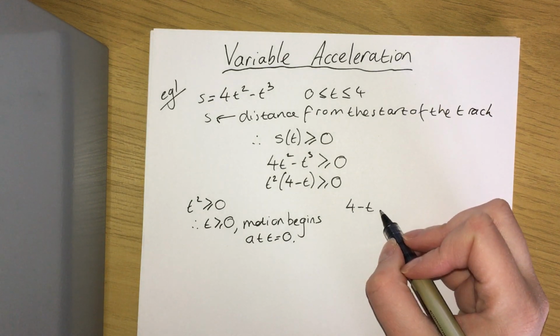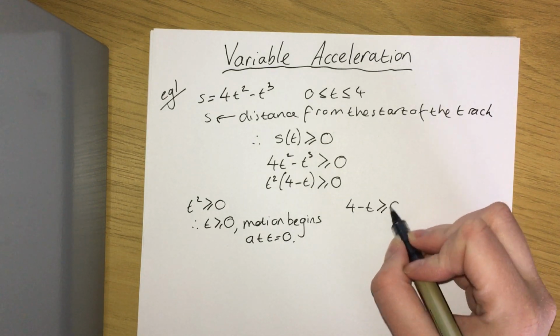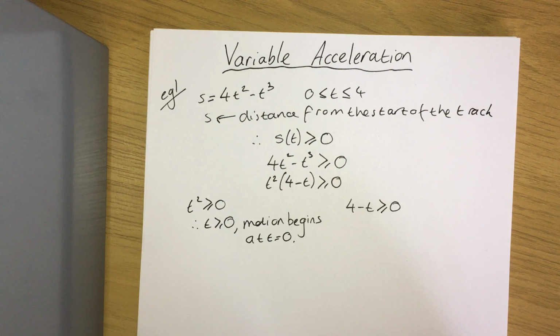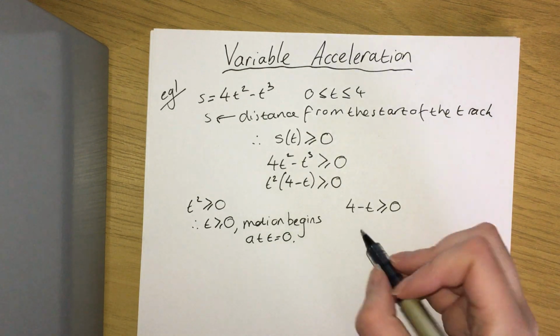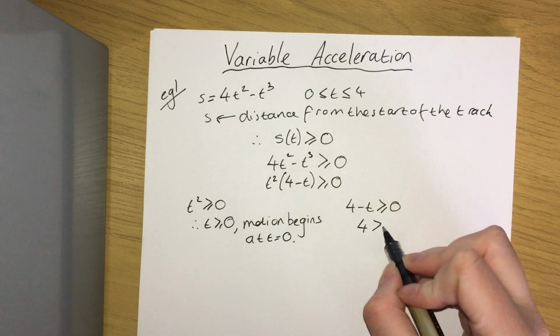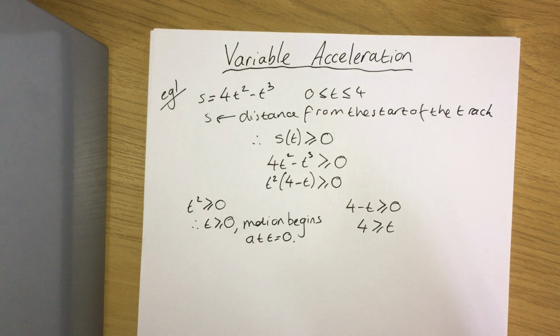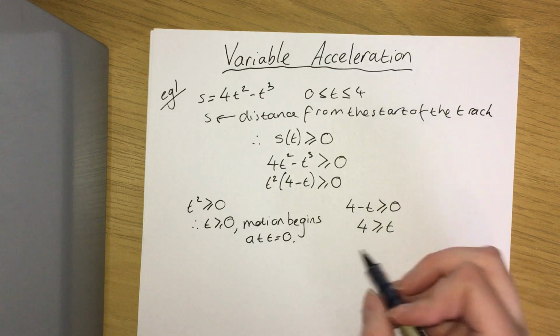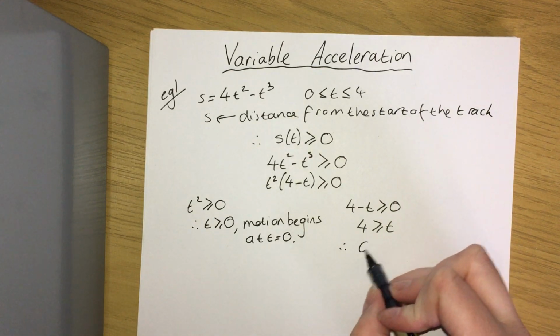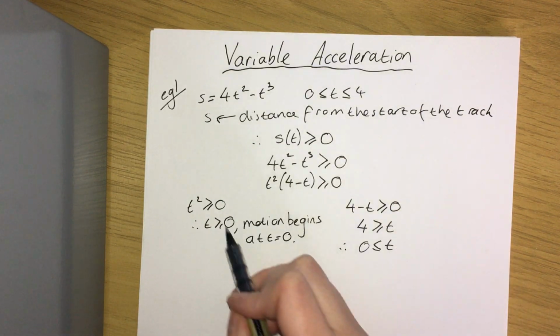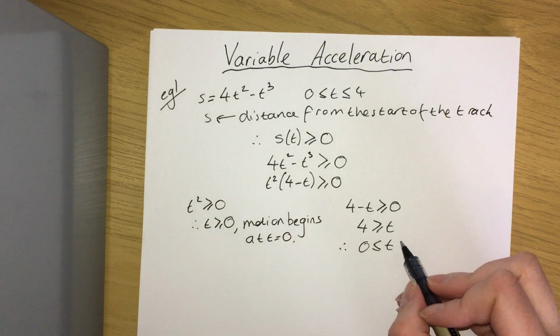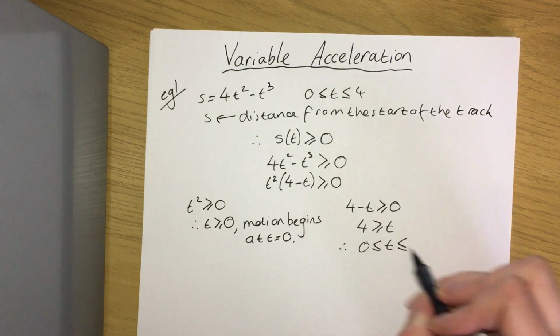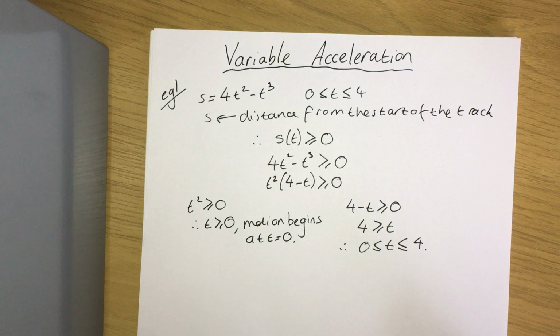We also know that 4 minus t has to be greater than or equal to 0. Therefore t is less than or equal to 4. So the full restriction is that t is greater than or equal to 0 and t is less than or equal to 4.